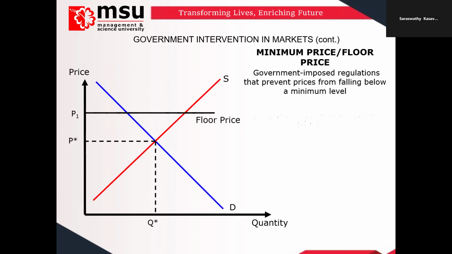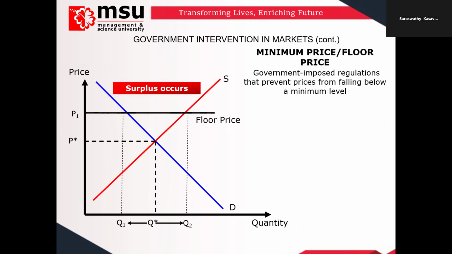This graph is showing the minimum price. When the government imposes a minimum price, the price is now P1, previously P star and Q star. A surplus will happen because the quantity supplied is more than the quantity demanded. What is the advantage?